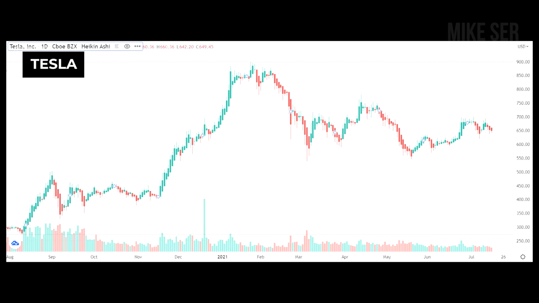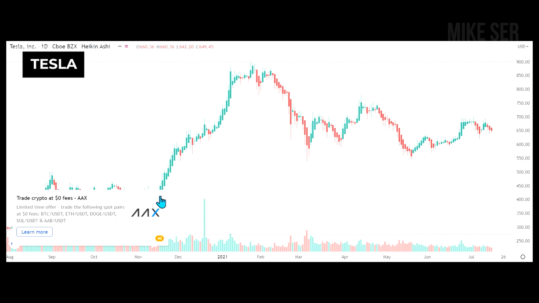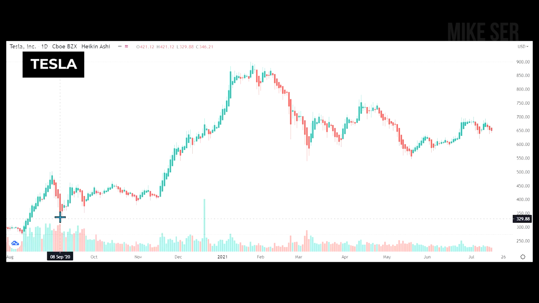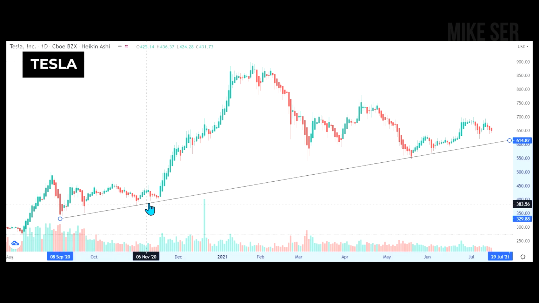Now, if we add what I taught you guys last week in terms of utilizing trend lines, let's draw some trend lines here and see if it can actually help us. I extended it here, here, here. So the price of the stock is actually still going up. The only concern here is this support line.